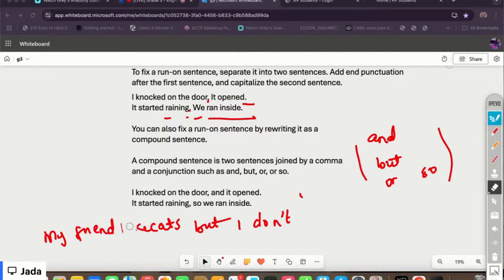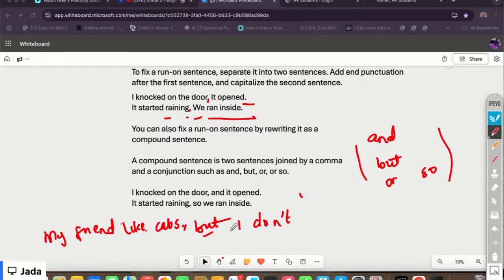If you want to fix it, you can just put a comma before the but. But is a coordinating conjunction. If you put a comma before but, it becomes a complete sentence. If you just let it be like that, then it is a run-on, two sentences together that need to be separated.